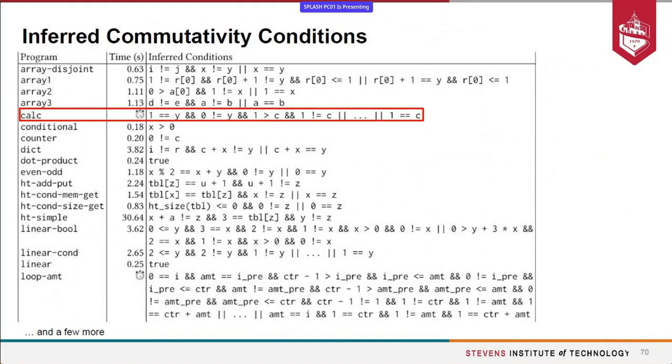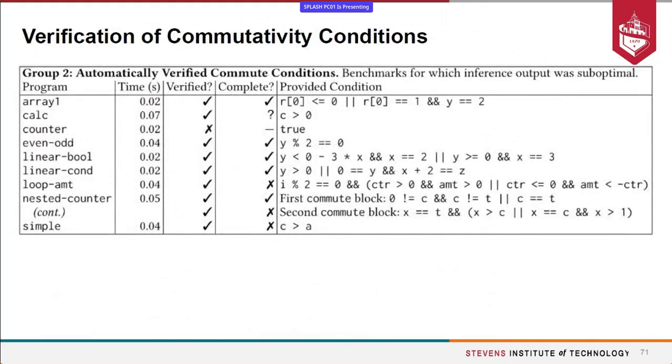The ellipses just indicate that there are a lot of disjuncts that we've excluded for the sake of clarity. And this is where that programmer-specified condition comes in, because by inspection, we could see that the calc example commutes in the case where C is greater than 0. So as testers, we plug in C is greater than 0, and we found that our tool can verify this as a correct condition in just a few milliseconds.